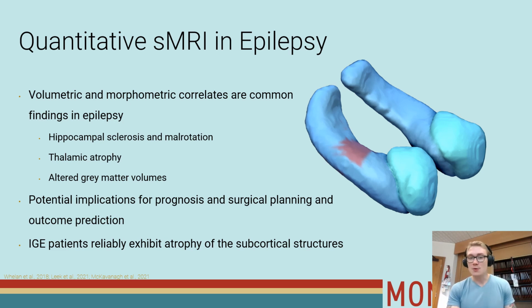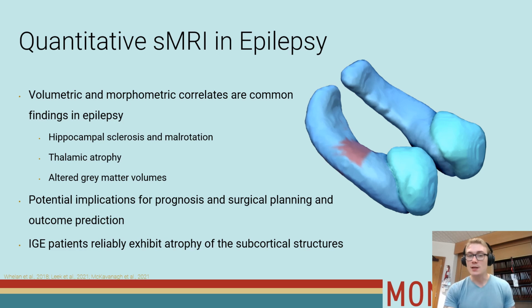Malrotation of the hippocampus in juvenile myoclonic epilepsy is suggestive of a genetic imaging phenotype, and other syndrome-specific imaging biomarkers have been identified. Links between epilepsy-related cognitive impairment and structural imaging abnormalities have also been established, and the putative implications for prognosis and surgical planning are significant, even if implementation is at an early stage right now.